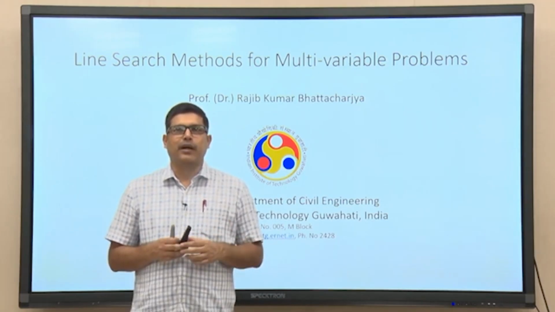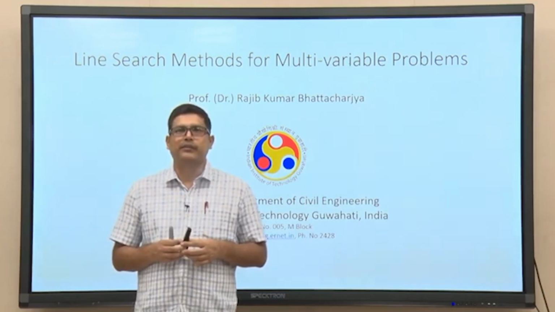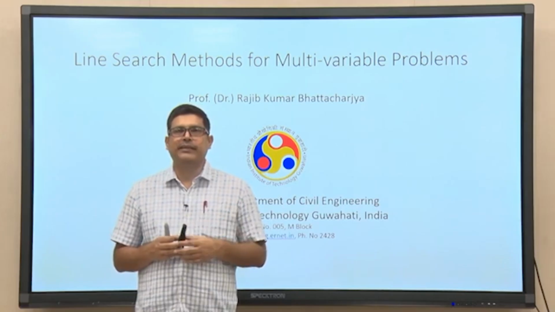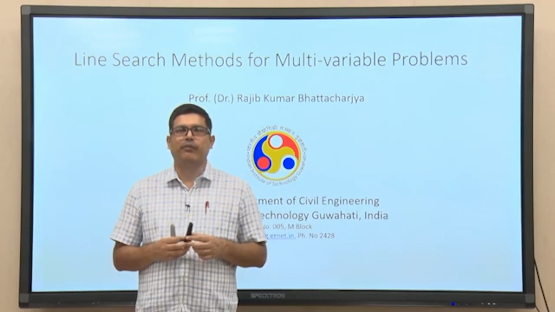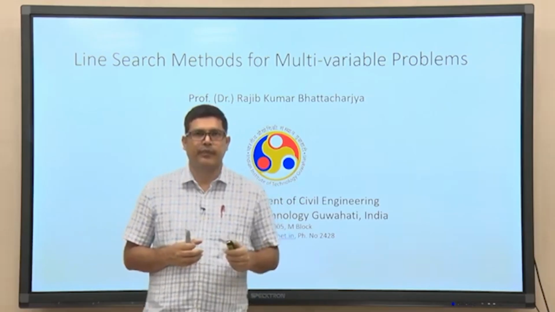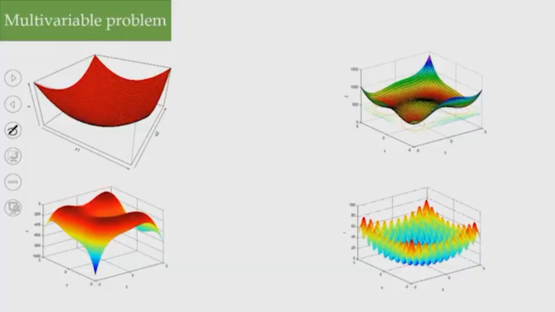Now, in today's class we will discuss multivariable functions. We will see how you can search for the optimal point of a multivariable function. Here I have shown you two variable functions. If I say this is function 1, this is a relatively easy function.